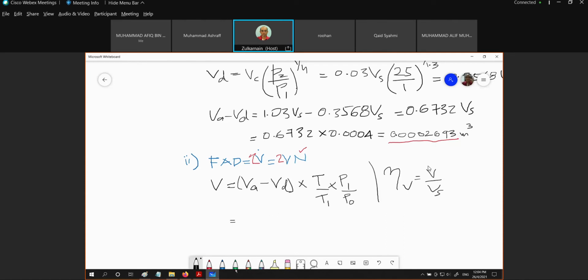This is the value, 0.002693, multiplied by T. T is 300, correct? This is 313, if not mistaken.